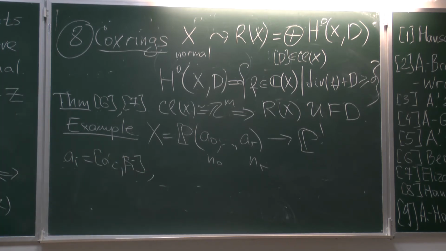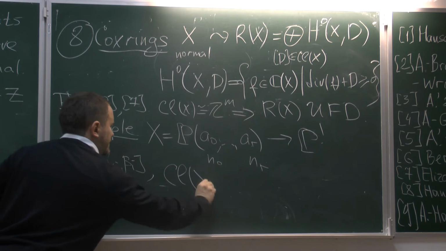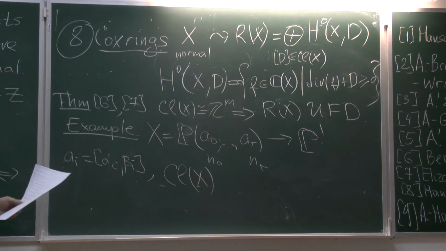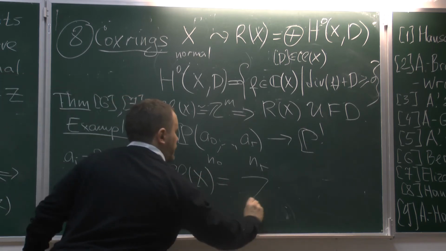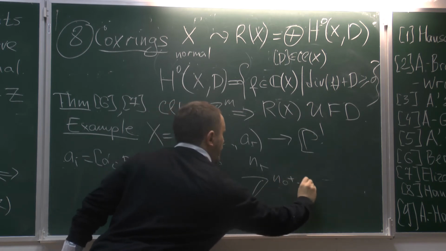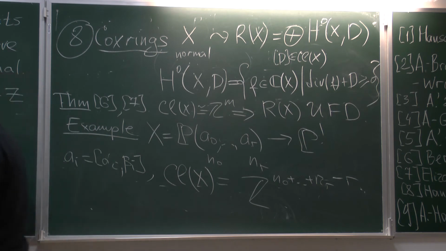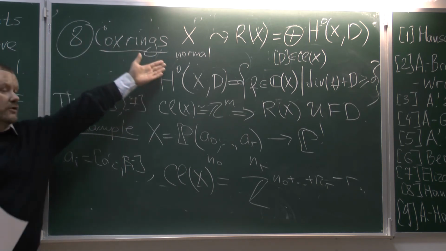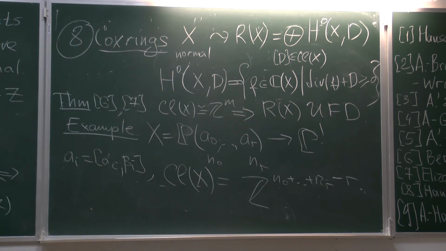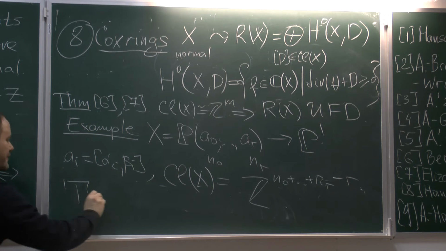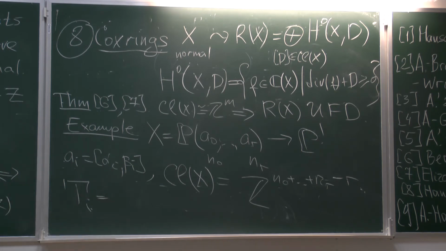And the divisor class group of such a pre-variety, you can compute it, and this is just a lattice of rank sum of n's minus r. And just take this definition of the Cox ring and compute the Cox ring of this object. And it turns out that it's natural to introduce monomials, Ti.